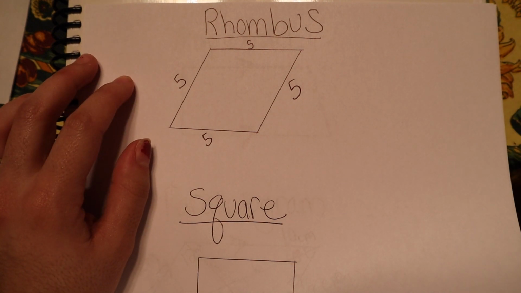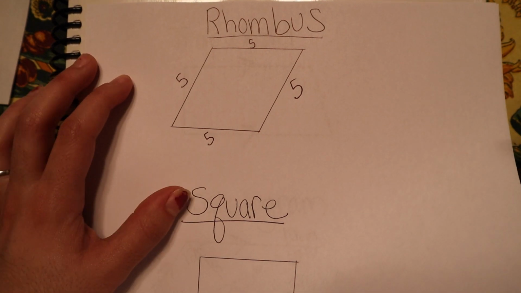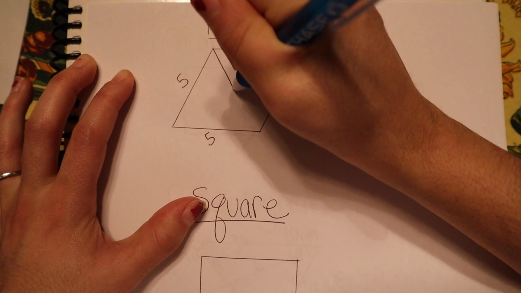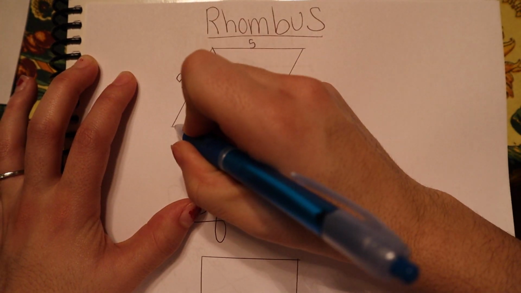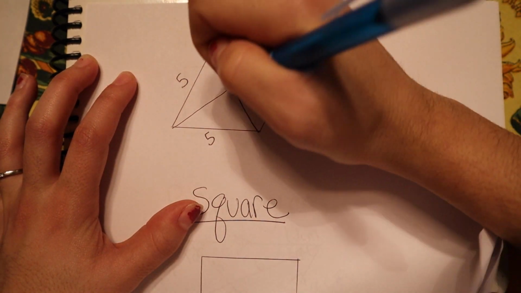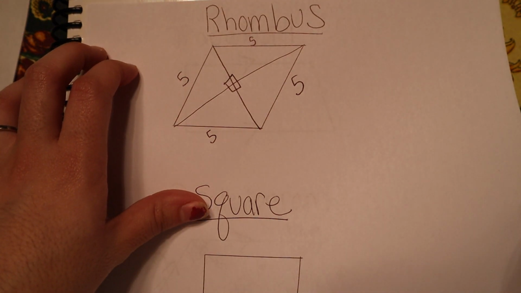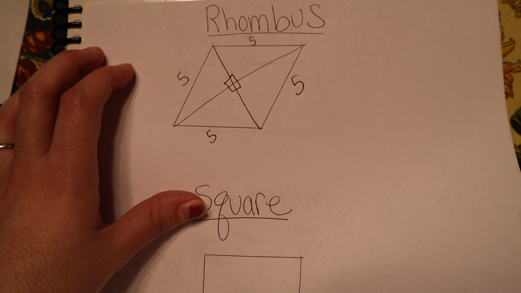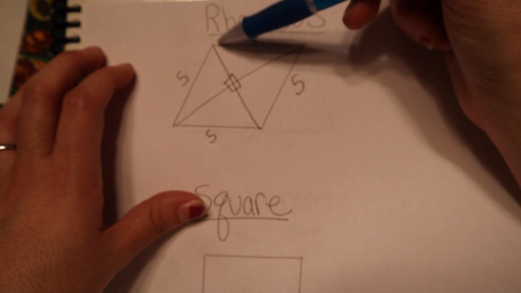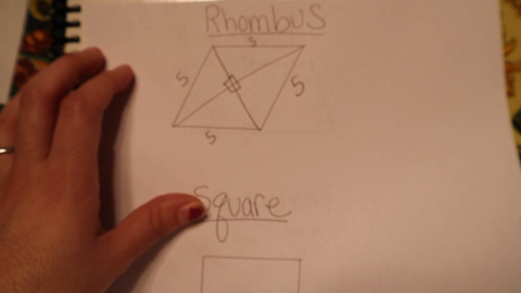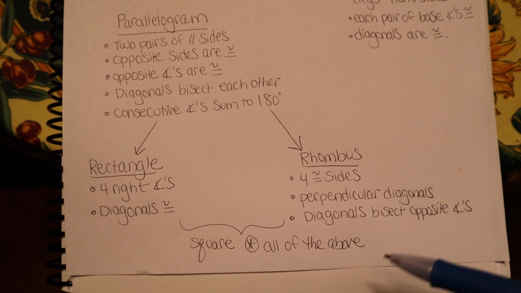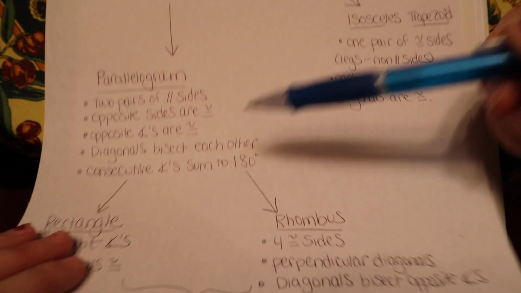The diagonals are perpendicular. So that means if I have this diagonal line, and if I have this diagonal line, we have 90-degree angles everywhere that they intersect. But it does not mean that these diagonals are congruent. And since the square is on the bottom, it takes after each of these properties of what's above it.